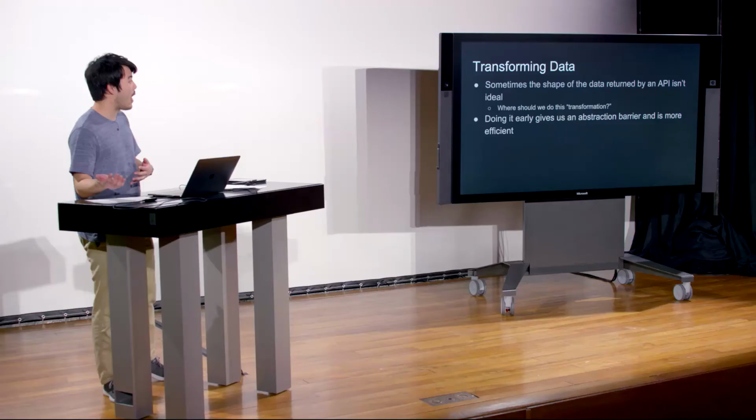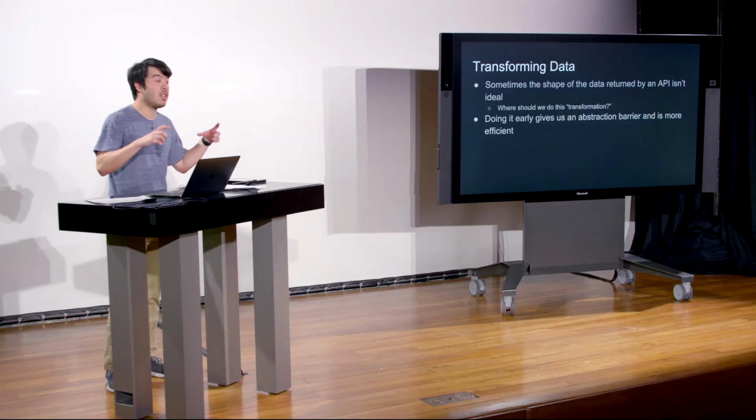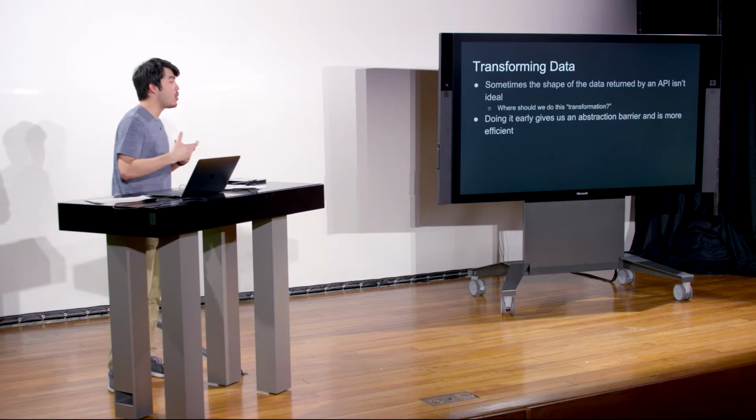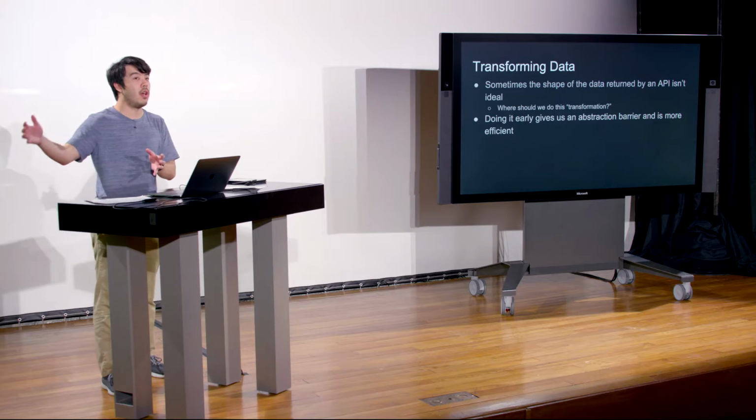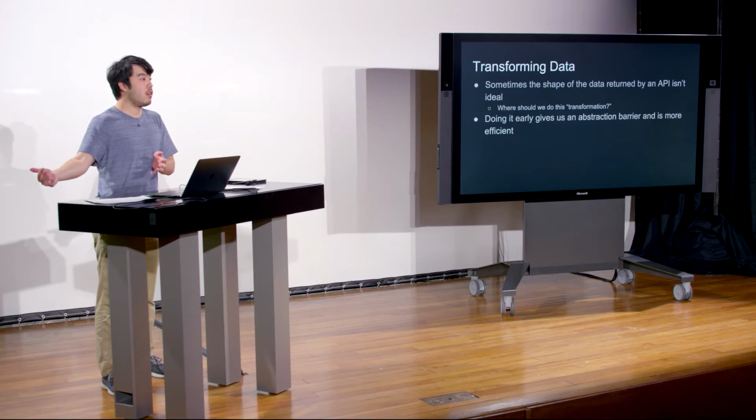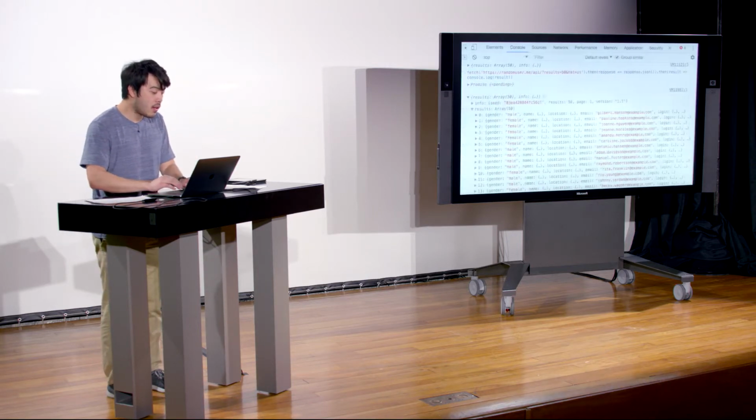And so if we go ahead and do all this transformation as soon as we get that data, then the rest of our application doesn't really care what the API looks like. The API might change, and maybe we'll change the way that we transform the data in response to that. But the rest of our application doesn't care. There's an abstraction barrier between our application and that API. And so how might we do that?